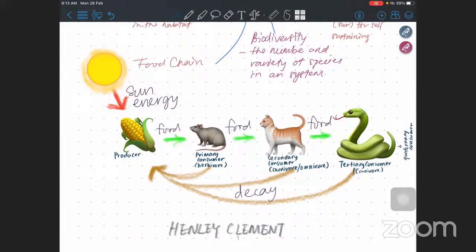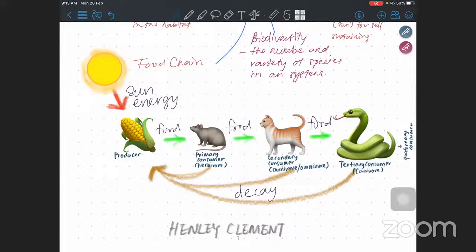This is a food that will be consumed by the primary consumer. Usually the primary consumer will be the herbivore, because they only eat plants. All these plant eaters will be consumed by the secondary consumer, which is a carnivore.